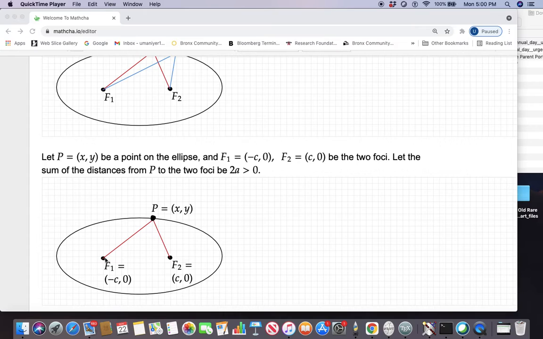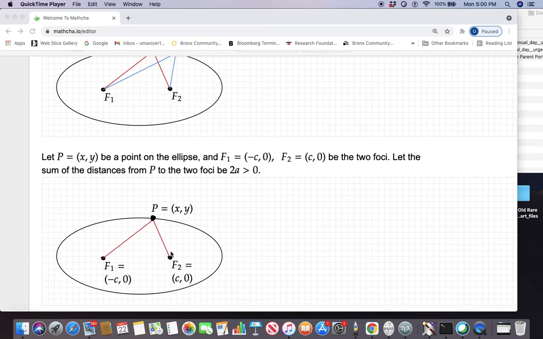The length of the string is this length plus this length, which is greater than the distance between these two points. Notice the distance between F1 and F2 is 2c.